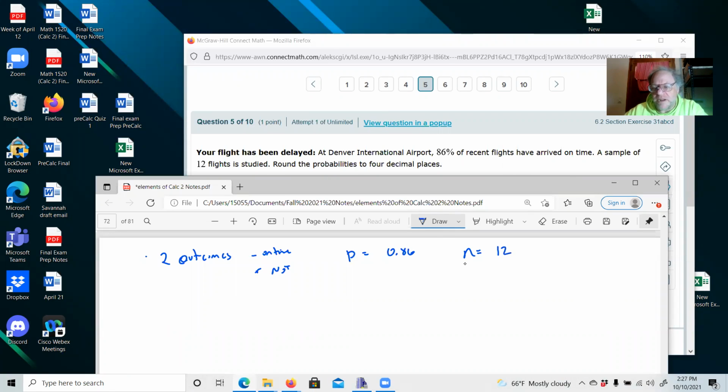We're going to assume that they're randomly selected so that they're independent. Okay, so that probably means that we pick them on different days. We cast a die to see what day it was going to happen, and that's how we did this. So you're not going to get one day of bad weather where every flight's going to be delayed.